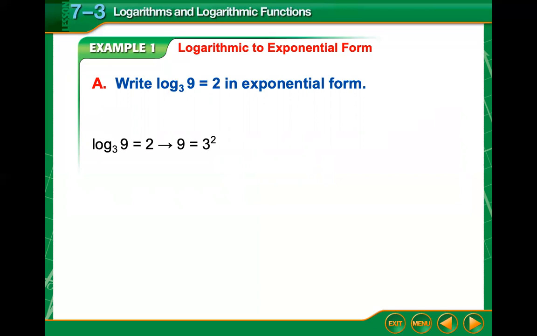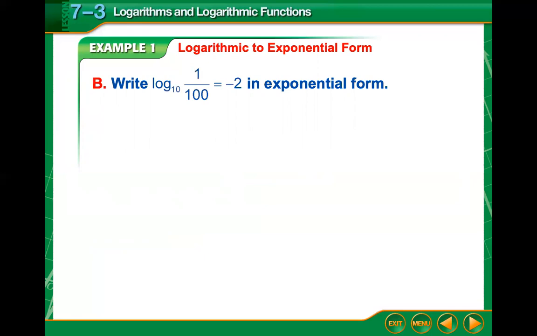If you know that, it helps you identify where things go on a problem where you might not know where things are or what they are. So 9 equals 3 squared. You could also write 3 squared equals 9. So here we have log base 10 of 1 over 100 equals negative 2. So this would be the same thing as saying 1 over 100 equals 10 to the negative 2.